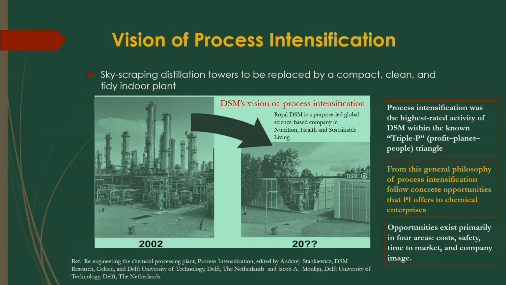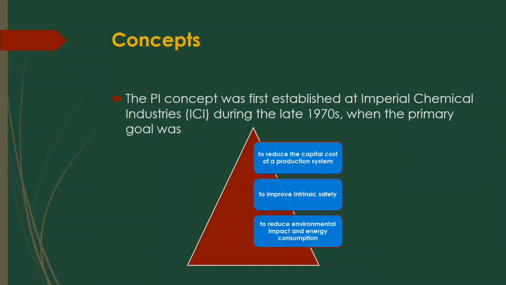And also based on their visions, some concepts have been developed. The PI concept was first established at Imperial Chemical Industries during the late 1970s, when the primary goal was to reduce the capital cost of a production system, to improve the intrinsic safety, even to reduce the environmental impact and energy consumption.